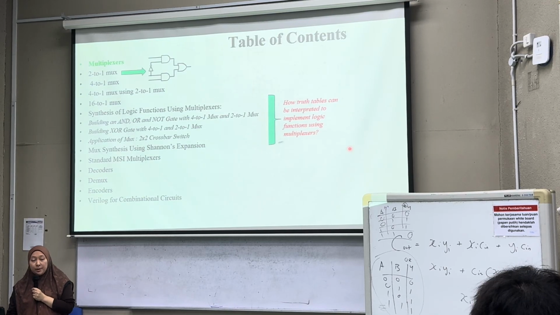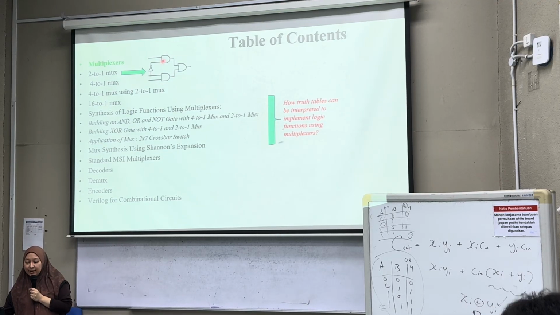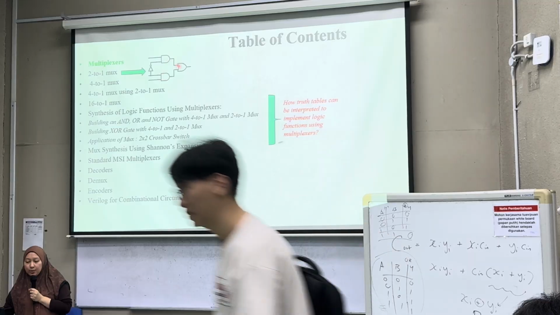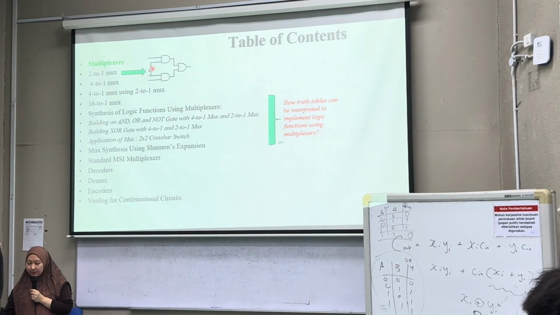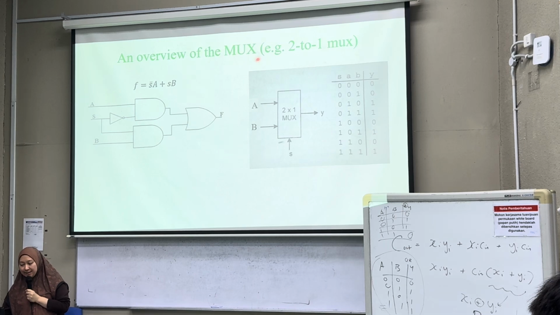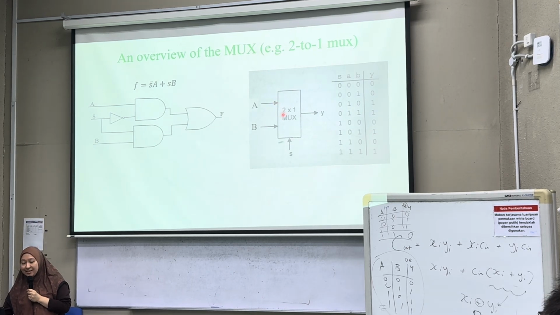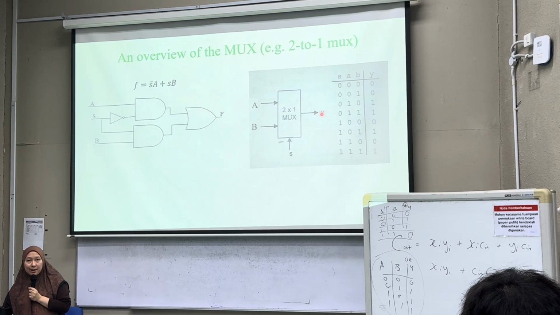One by one, multiplexers. This is your circuit for a 2-to-1 multiplexer. Please remember. A multiplexer comes with 2 AND gates, 1 OR gate, and a NOT gate. That's one multiplexer. This is your block, a 2-to-1 MUX, 2 inputs with one selector and 1 output.